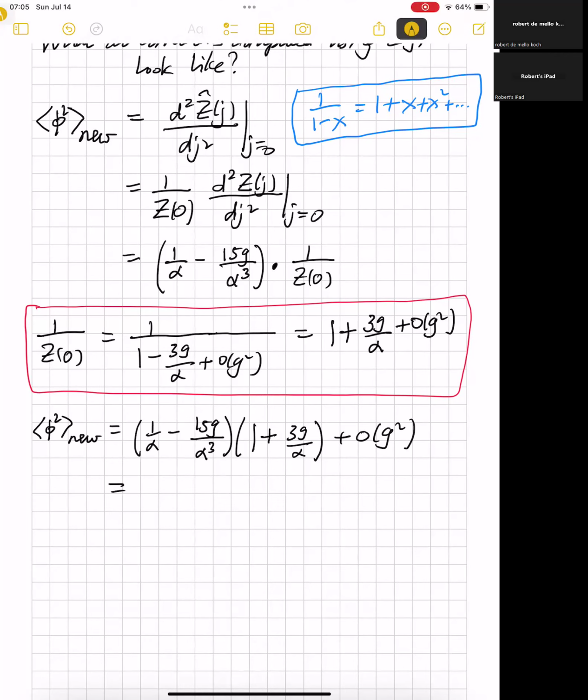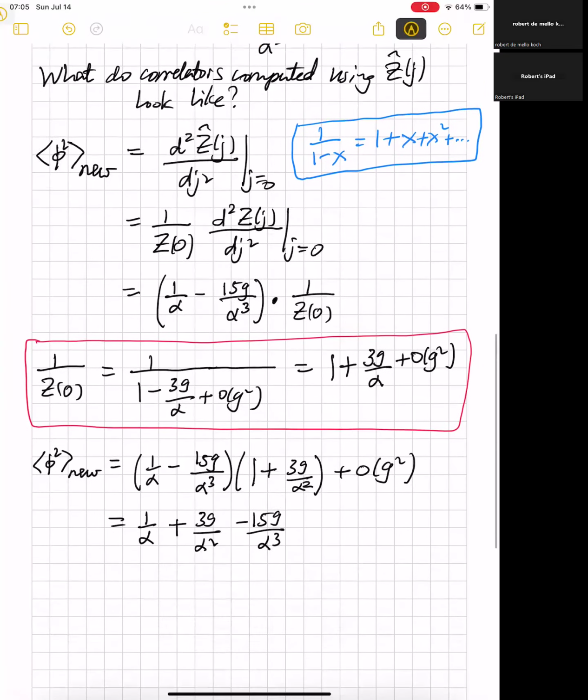So let's just multiply this. 1 over alpha times 1, that is 1 over alpha. 1 over alpha times 3g over alpha is 3g over alpha squared. Minus 15g over alpha cubed times 1 is minus 15g over alpha cubed. Sorry, this 1 over alpha times 3g over alpha squared.